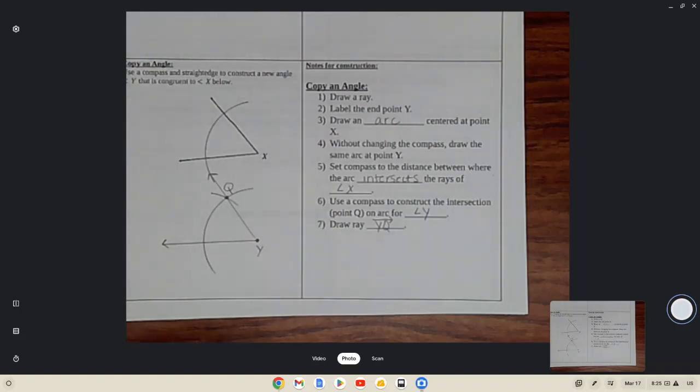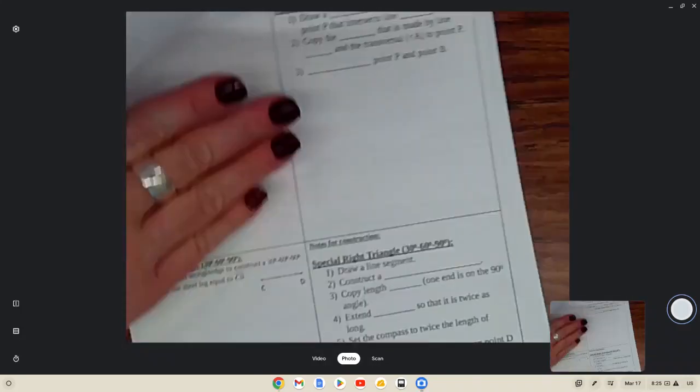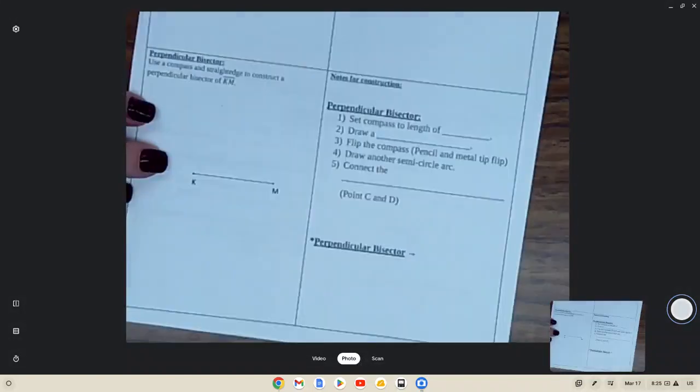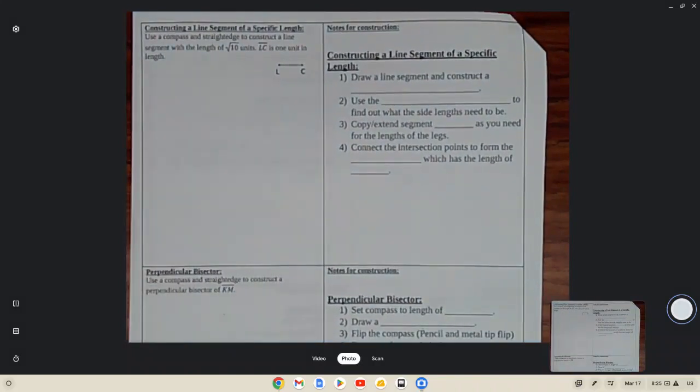So we did these first 2. We're going to do the next 2 on, like if you flip this over, we're going to do the next 2. Okay. This next one is going to take a little bit more thinking. So get ready.